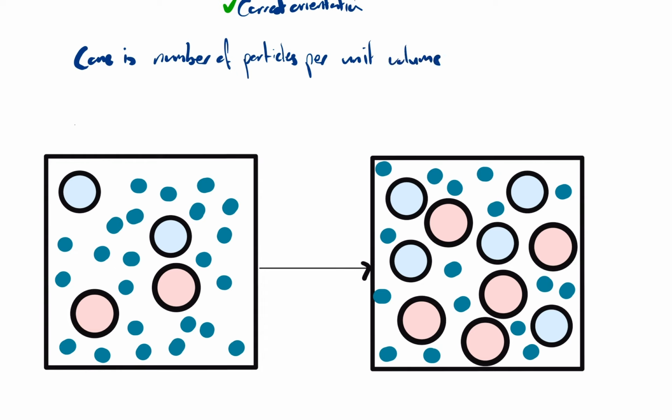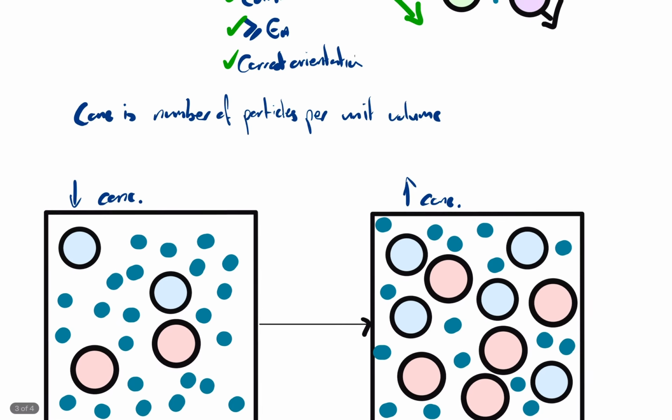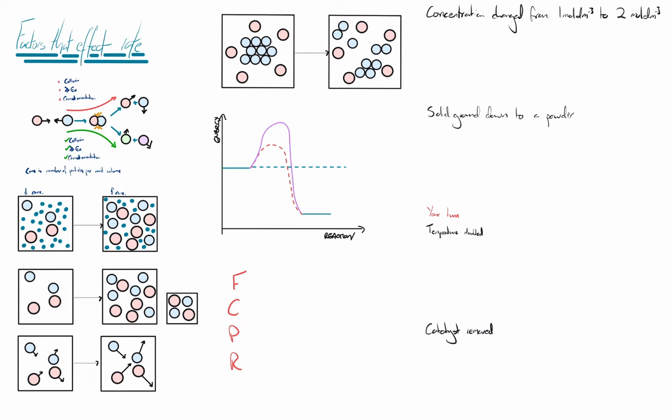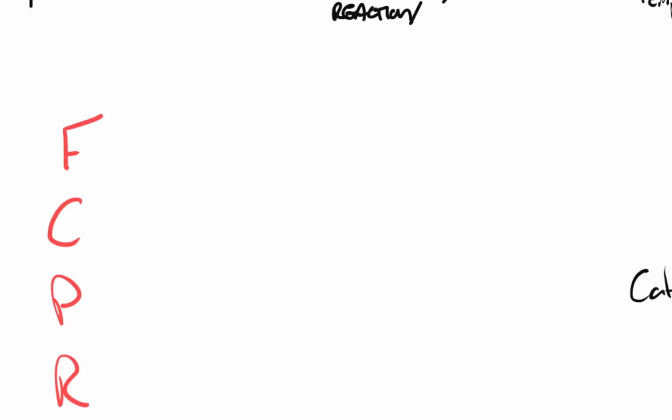Hopefully you can see here we've got a low concentration and here we've got a higher concentration. And then let's think about these factors. Now whenever we're describing this, so here we're talking about moving from a low concentration to a high concentration. Wherever we're explaining the factors that affect rates, we think about it in these 4 steps.